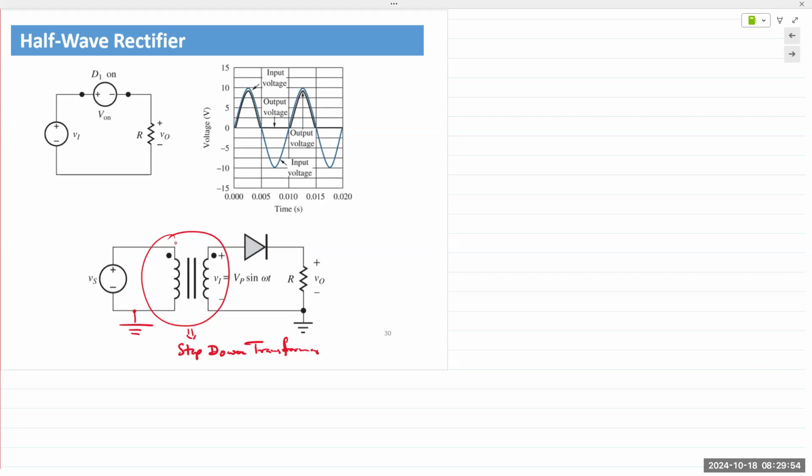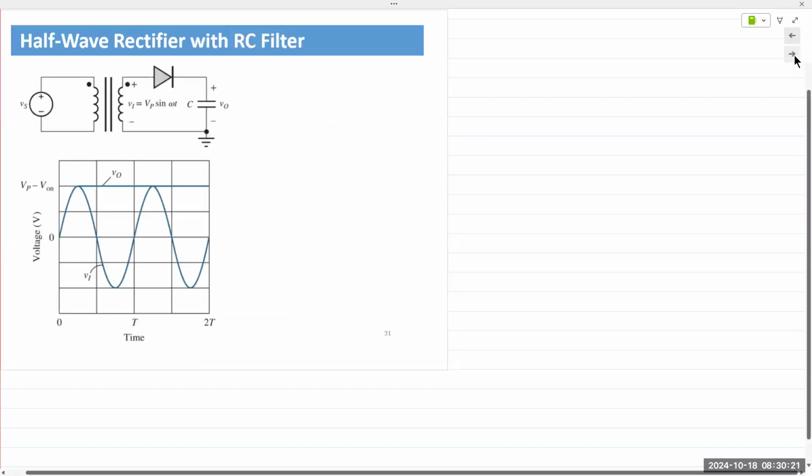Modern smartphone chargers are a little different: they are rectified first, then converted back to AC and stepped down. The standard chargers that we had until about a decade ago all had a transformer right at the front end. You plug it into the wall, it steps it down, and then you rectify it. Okay.